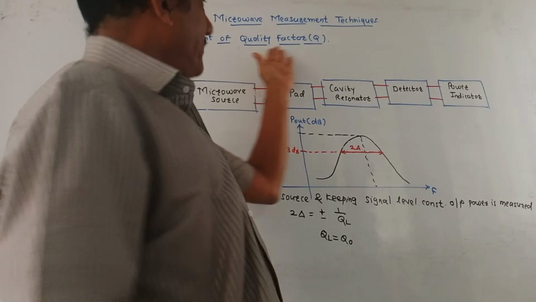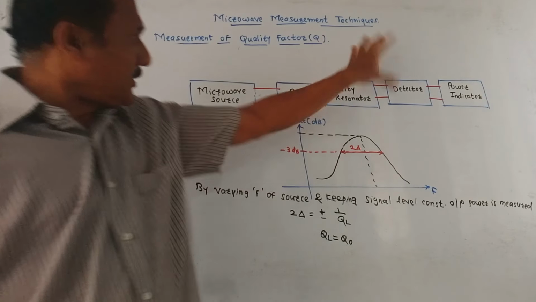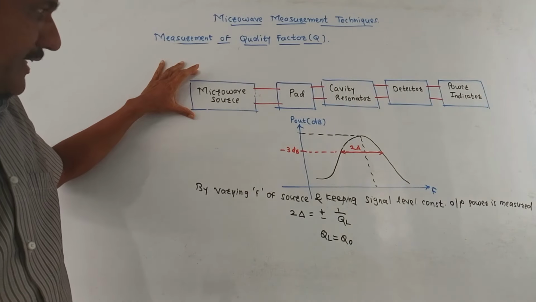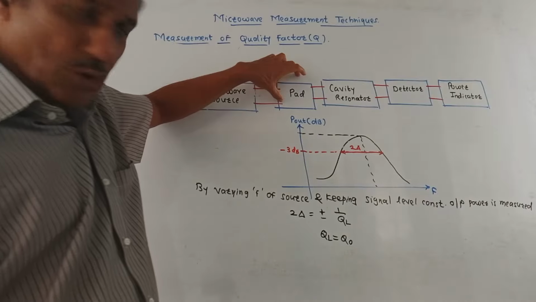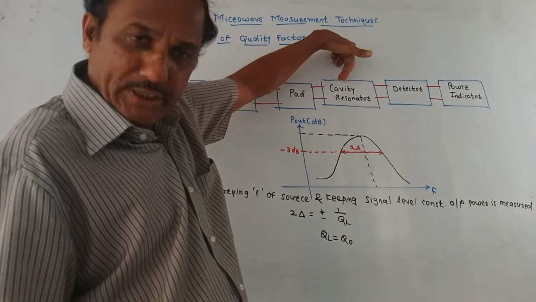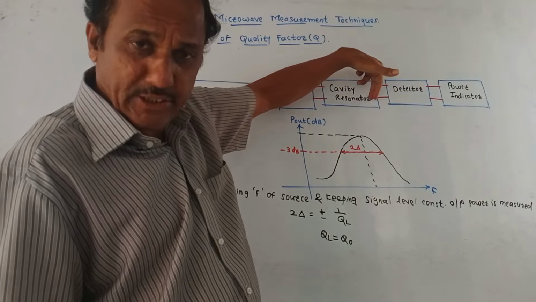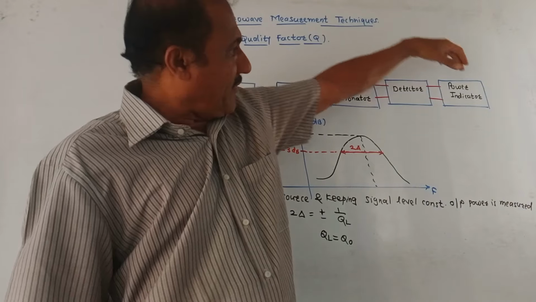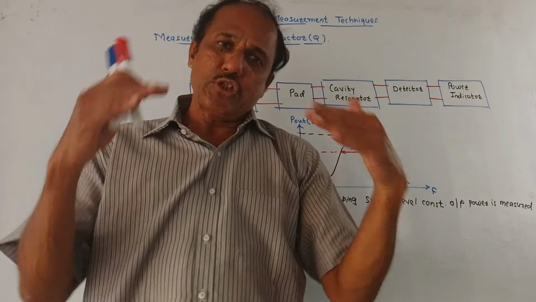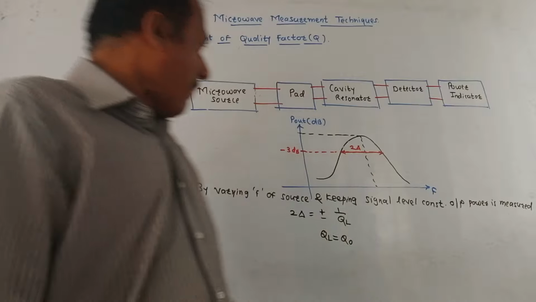Next is measurement of quality factor. This is the corresponding block diagram. At the input side, we have connected a microwave source. Then a resistive pad is used. The output of the resistive pad is given to the cavity resonator, whose output is again applied to the detector, and the final block is the power indicator, which is used to make the measurement of power.